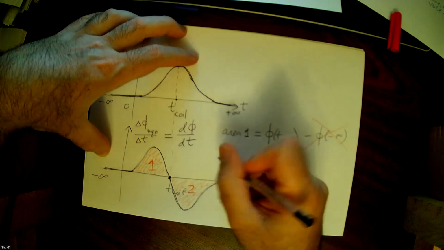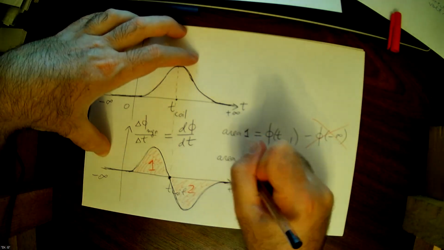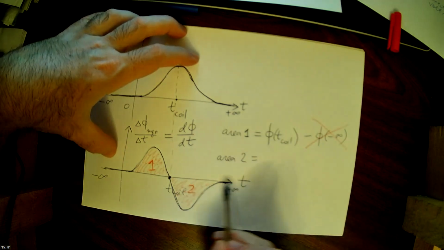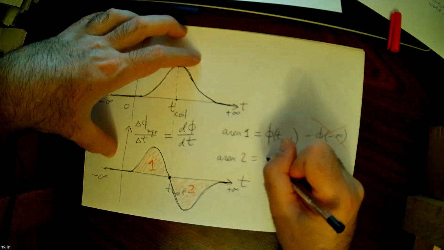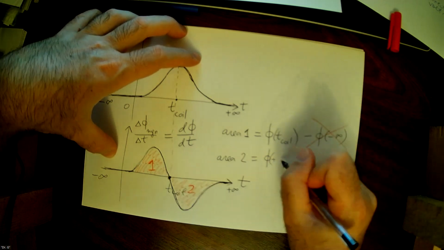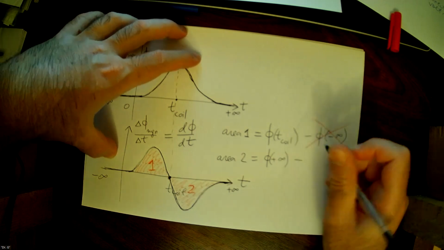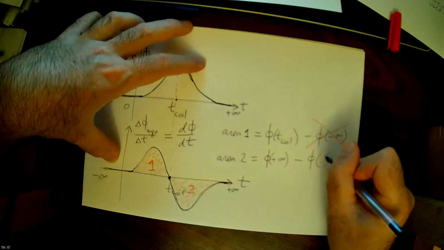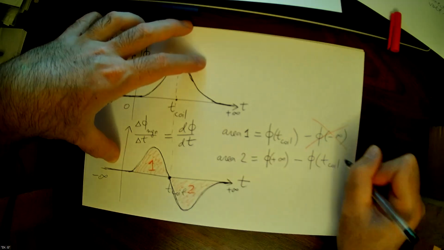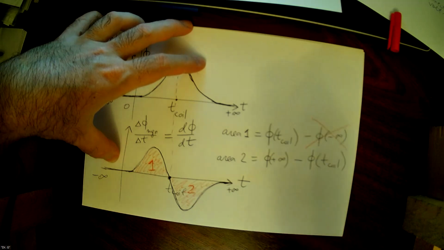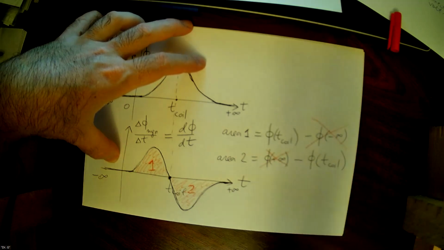And area 2 is the magnetic flux here minus the magnetic flux here. The magnetic flux at positive infinity minus the magnetic flux when the magnet is in the coil. And again, this is 0, doesn't matter.